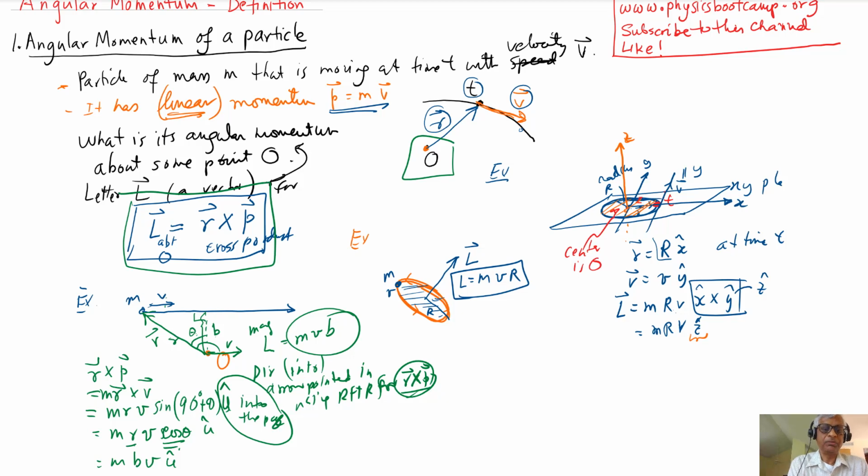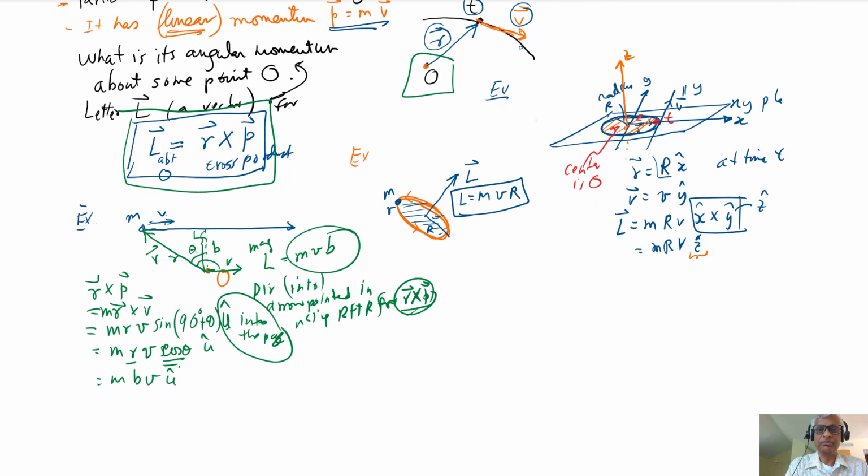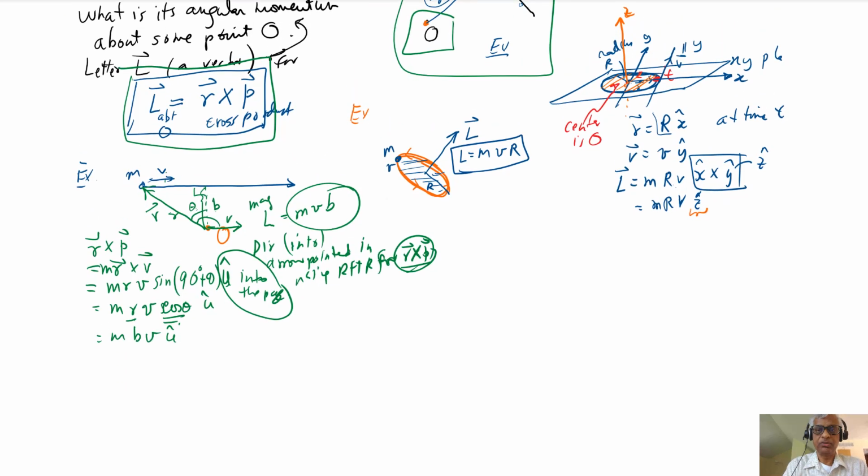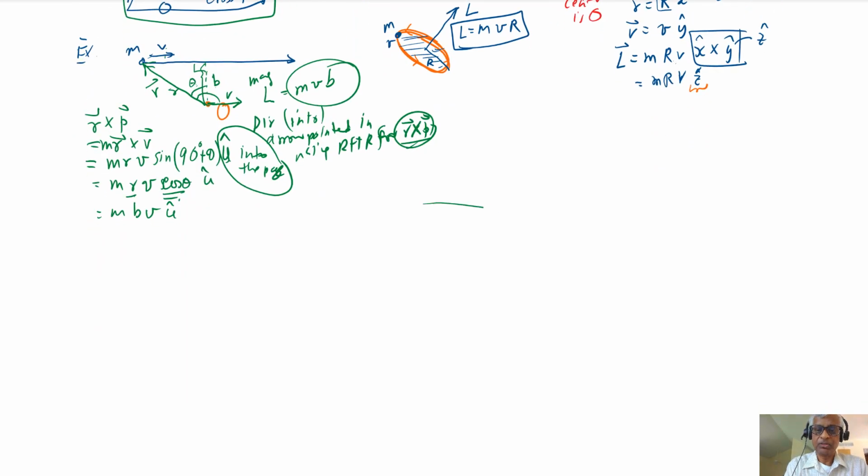But this is all written in terms of linear velocity, and we would like to write this as a rotation because I want to use angular momentum as a rotation. So how would I convert this into a rotation? To convert this information to rotation, we go back to this picture, and let me redraw it. So here's a picture, and at time t I am here, and this is my point O, and the velocity vector is that way and the radial vector is that way.